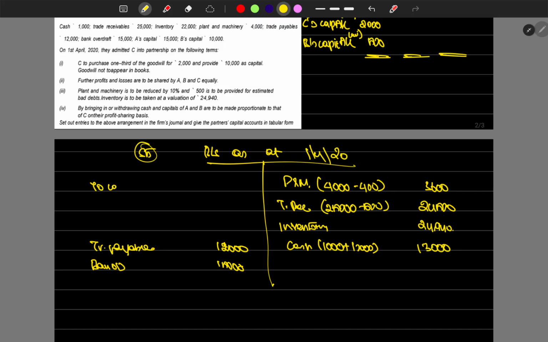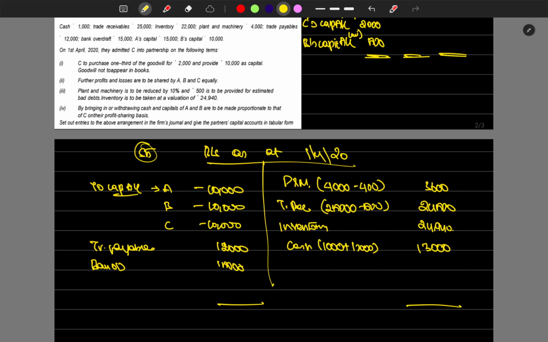Now we have to plug the capital figures also. For A, B, C, all are having 10,000 as capital, right? I think I have arranged everything, right? Yes, we have arranged everything.